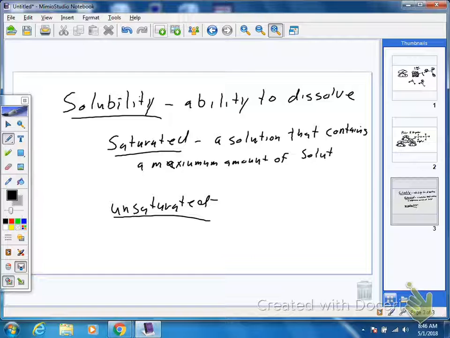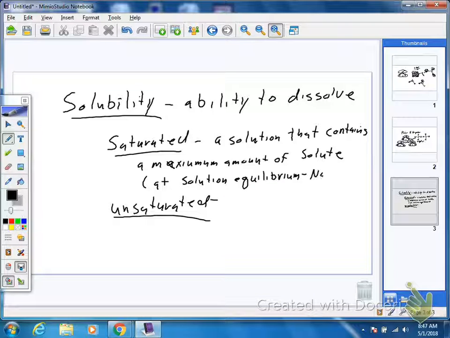It's said to be at equilibrium. What that means, we can go ahead and show that here.